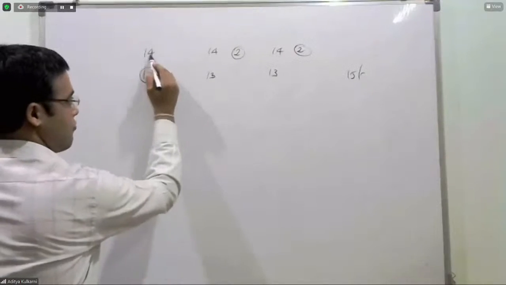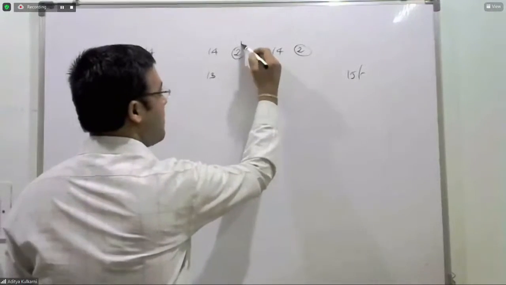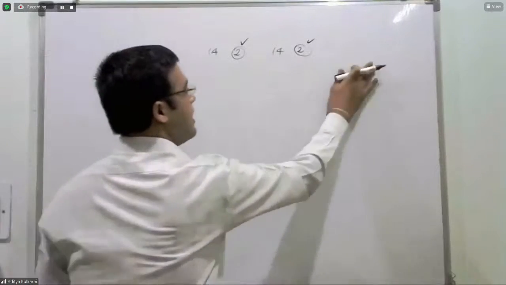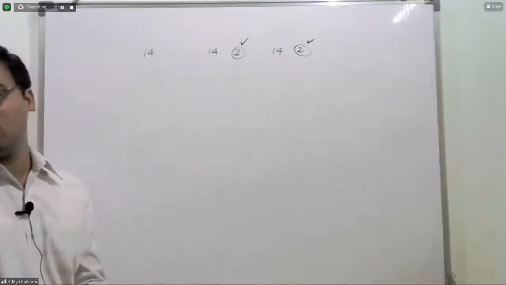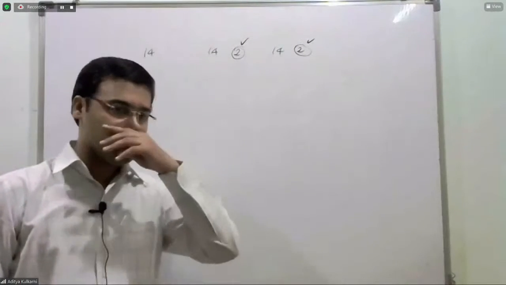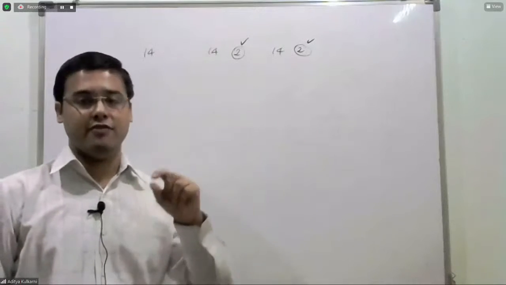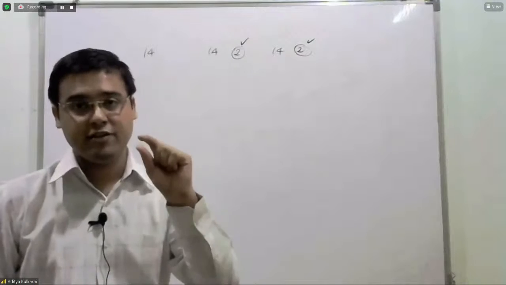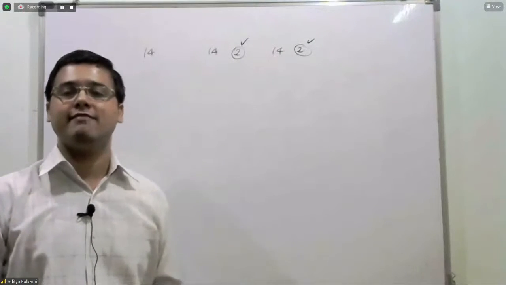I have taken 14, 14, 14 plus 2 and 2, because as on the date of modification I will have to check what is going to be my fair value, because the fair value has dropped and you want to give the benefit. So for that additional benefit computation, you are taking the revalued figure.